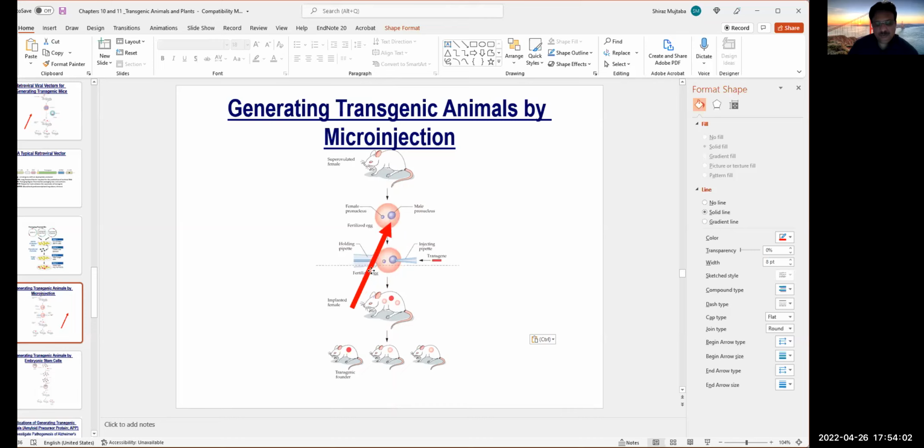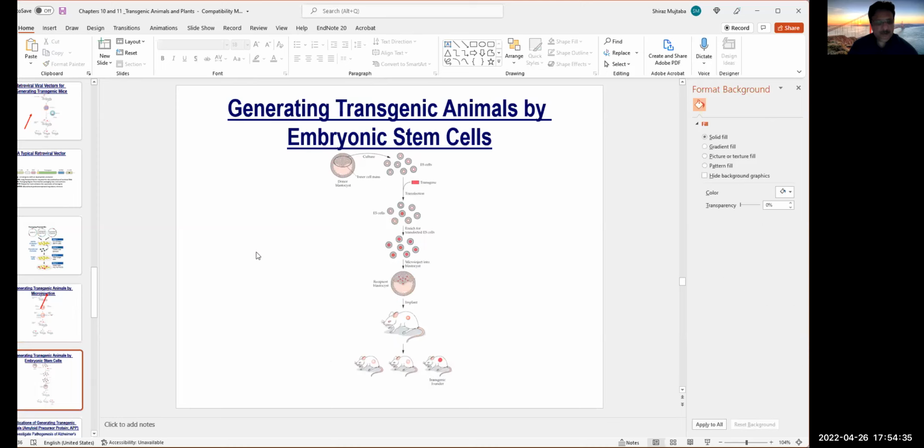And before these nuclei become fused, scientists can inject a gene into the male nucleus and then again create a transgenic mouse. This process is called microinjection. So all these things are possible. Extremely delicate, extremely high-risk experiments. But that's why mice serve as a very important tool to understand the impact of a gene.